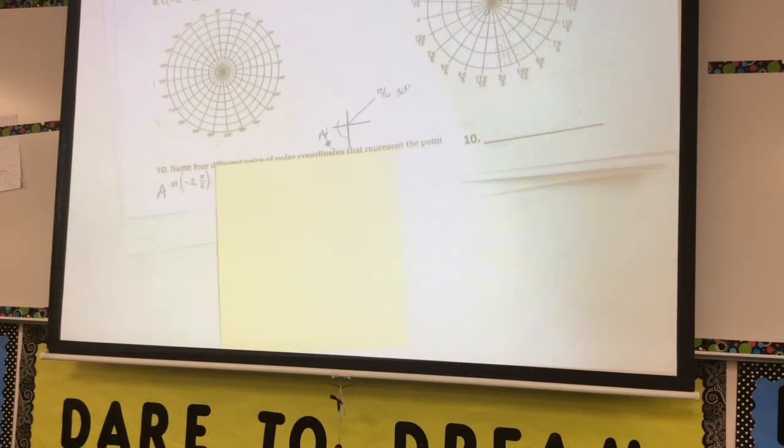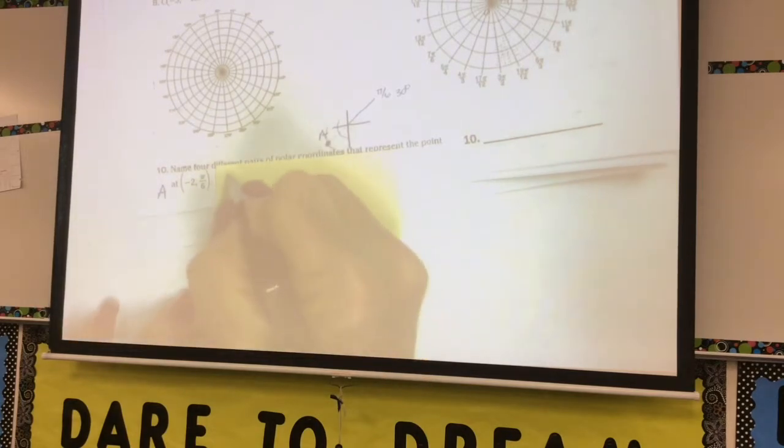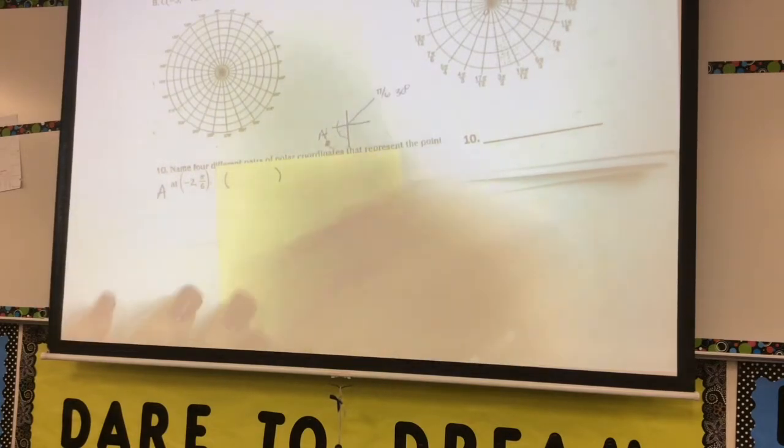Stay between 0 and 360. Between 0 and 2 pi. Think you've got one of them? If you tell me the ordered pair, then I'll write it down and check it with you.